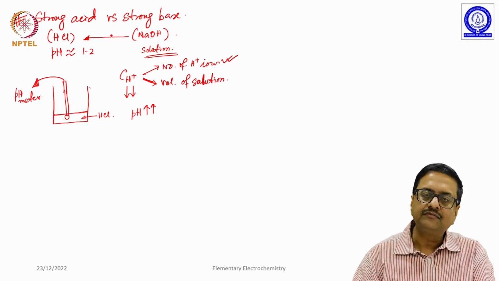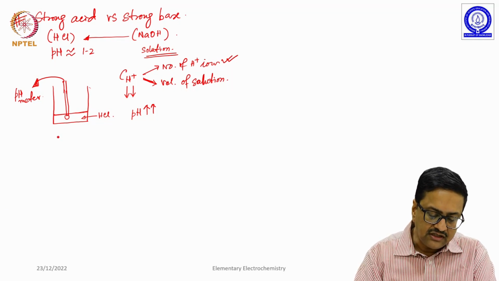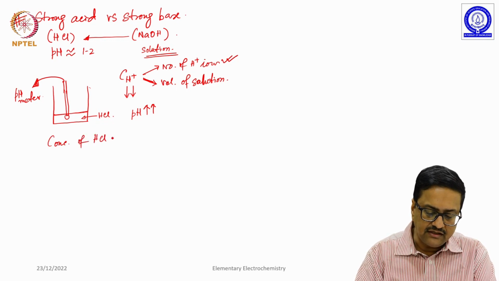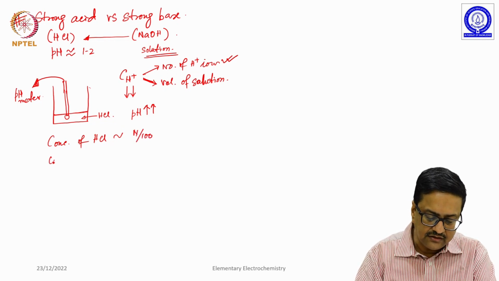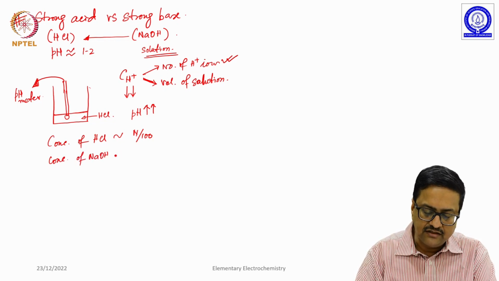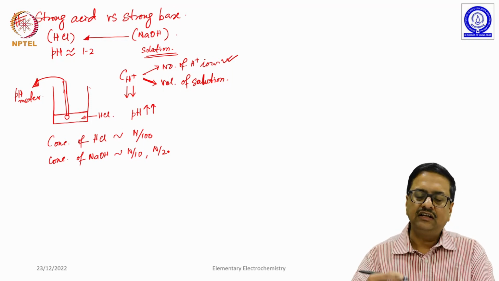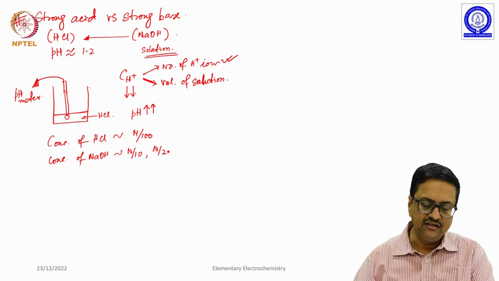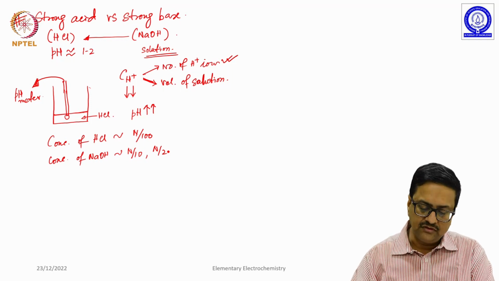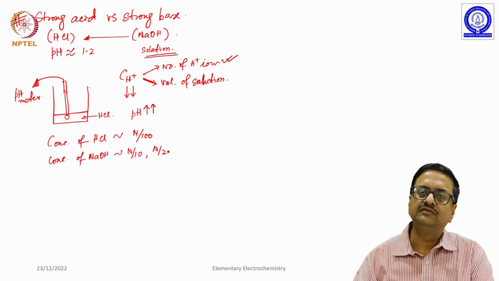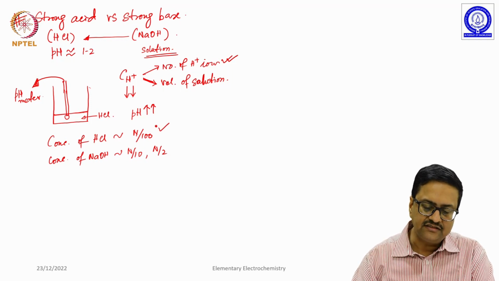That is why when this kind of titrations are done, if the concentration of HCl is in the range of suppose n by 100, then the concentration of NaOH is taken at least in the range of n by 10, if not n by 2. What does it mean? It means that we are taking very strong NaOH solution, so that it will require very small amount of NaOH solution to neutralize that HCl solution.